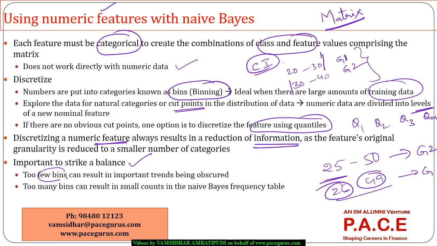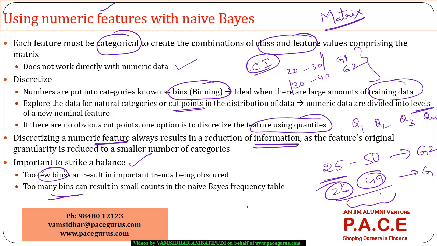If the bins are very few, there is a very big range present, because of which the information reduction is too high. Even 26 and 49 are treated in the same manner, so I would be losing a large amount of information. But if there are too many bins, then the number of categories is too high.